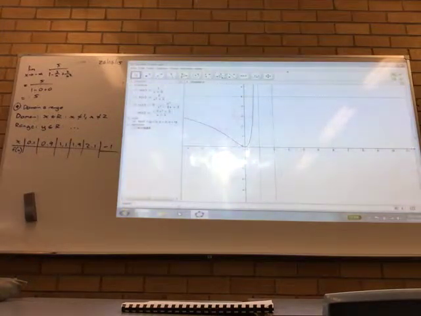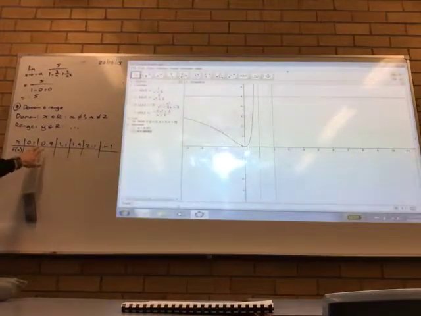Right, so C of 0.9 is 36.82. What that's telling me is that from the origin, we go in the positive direction up to 0.1, and then as we get closer to the asymptote, we're getting higher.